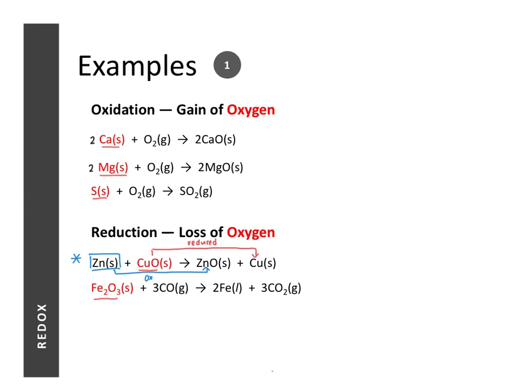So we say that zinc has been oxidized. Through this reaction, the point that I want to highlight is that oxidation and reduction occur together. Meaning, in any reaction, when something is oxidized, the other thing must be reduced. There must be something that's reduced if something else is oxidized. So oxidation and reduction must occur together.